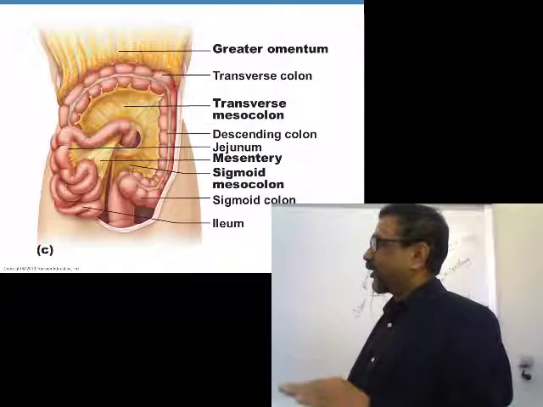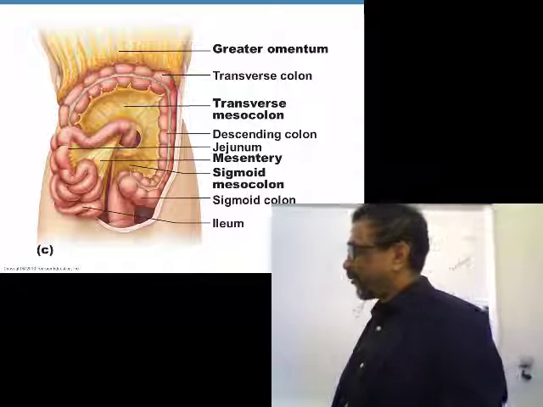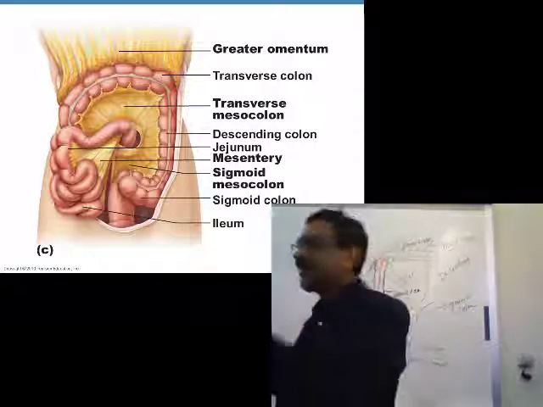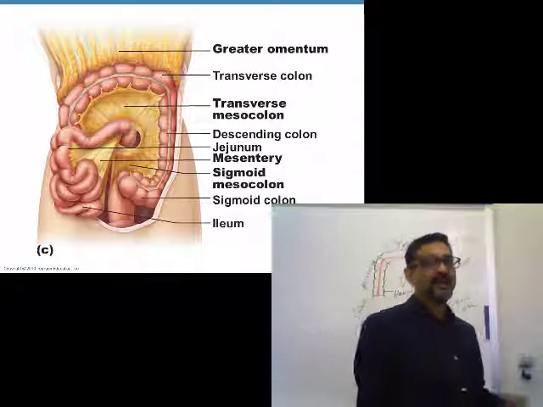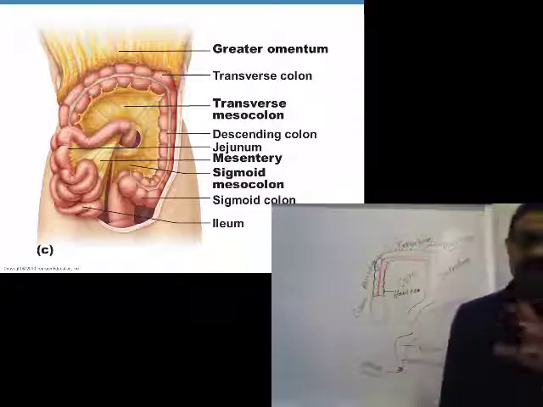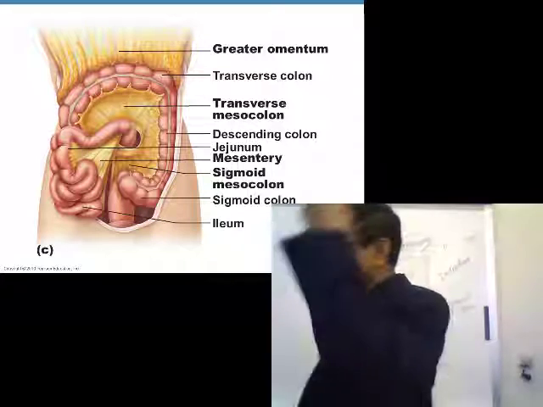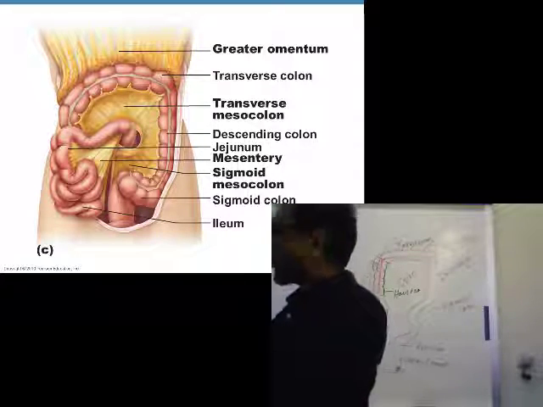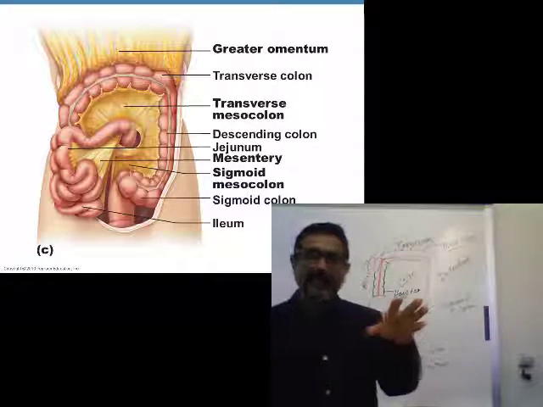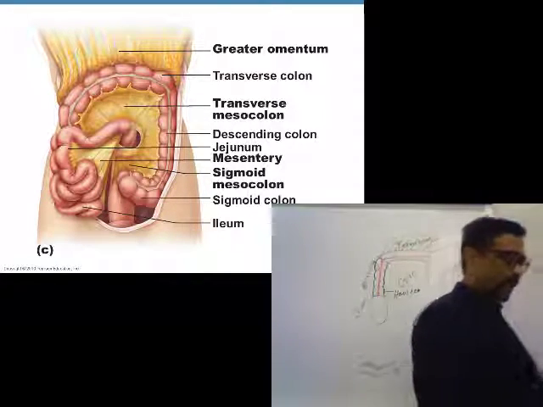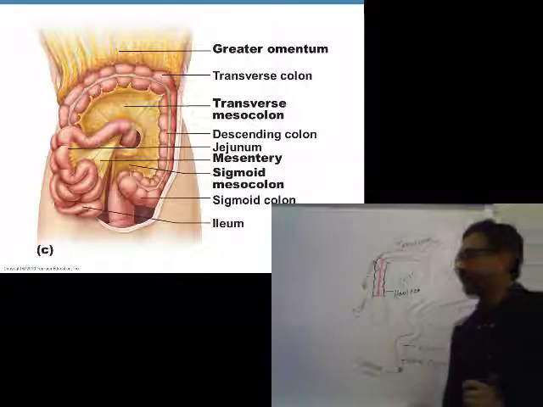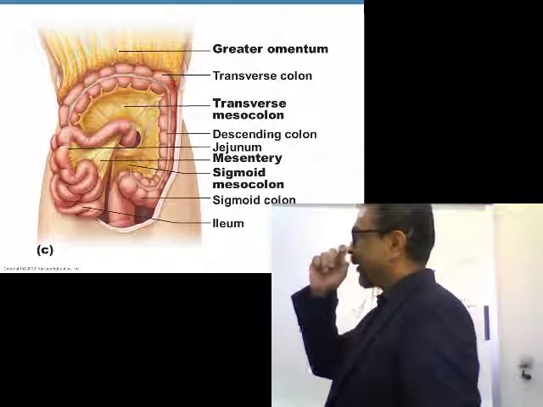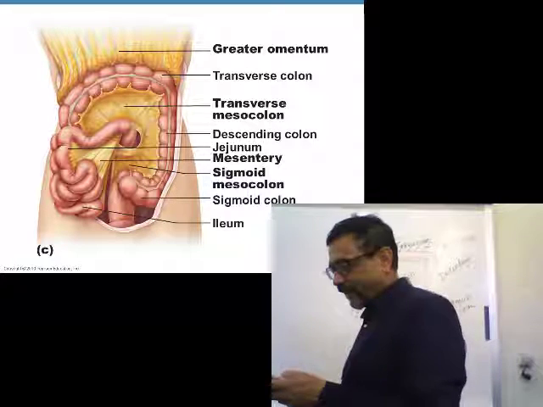So stomach is for storage and digestion, small intestine for digestion and absorption of nutrients, and large intestine is not really responsible for digestion because breakdown of food and absorption of nutrients is almost done. So in large intestine, no more digestion, only large amount of water reabsorption and electrolyte reabsorption occurs in the large intestine.